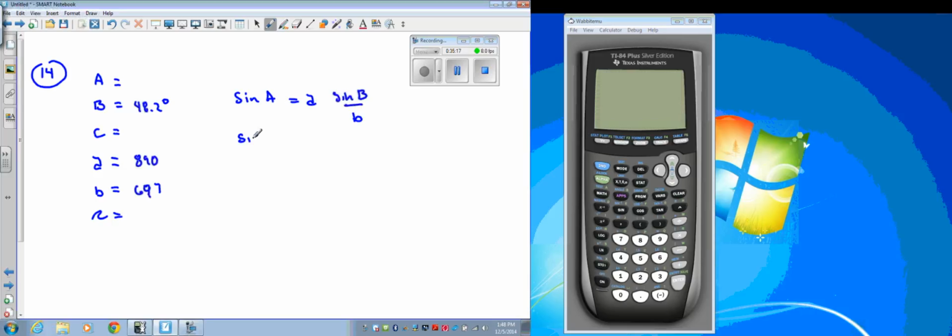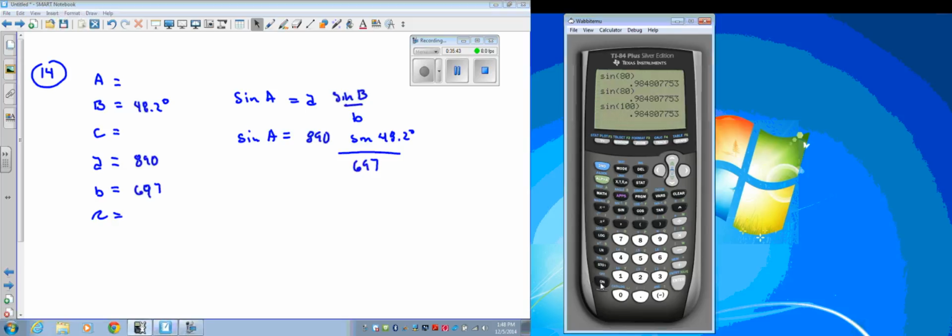So sine of A is 890, that's what side A is, times sine of 48.2 over 697. Now at this point, you'll be able to determine if you have the possibility of a solution and how many there can be.